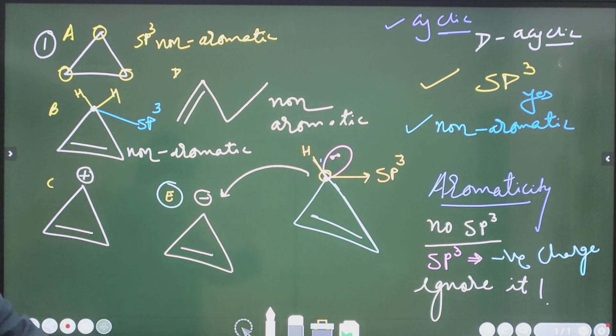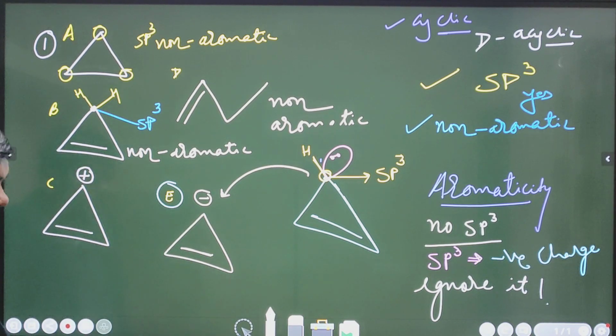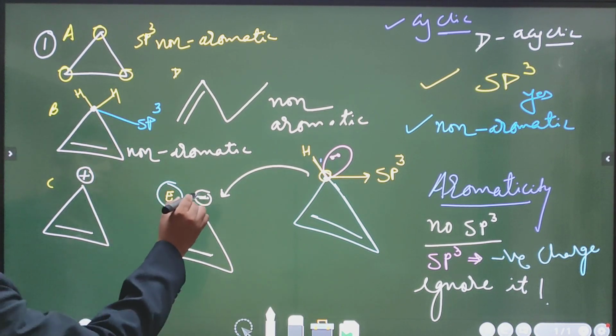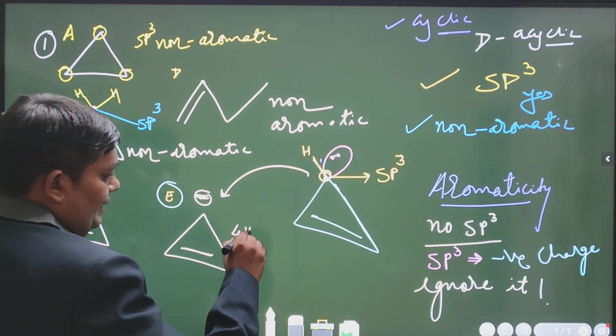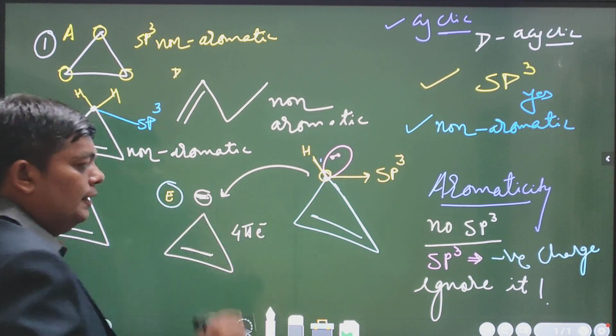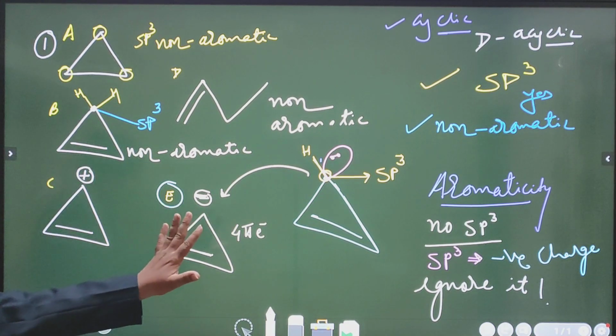And if you do so, what are the total number of pi electrons you have over here? 2, and one negative charge is again equal to 2 pi electrons. So the total number of pi electrons you have over here will become, my dear, 4 pi electrons. Leave it as such.